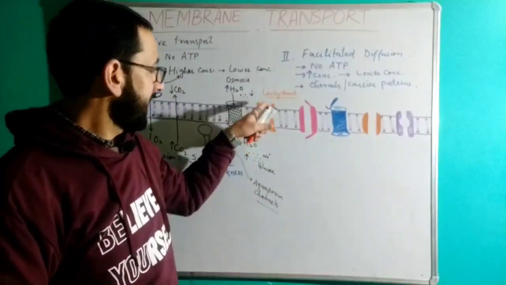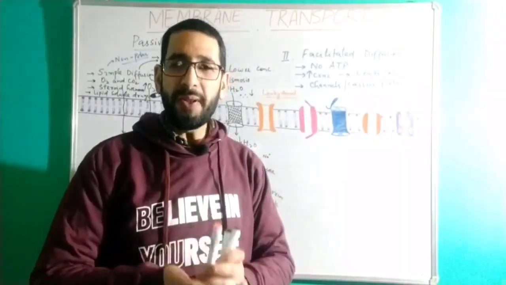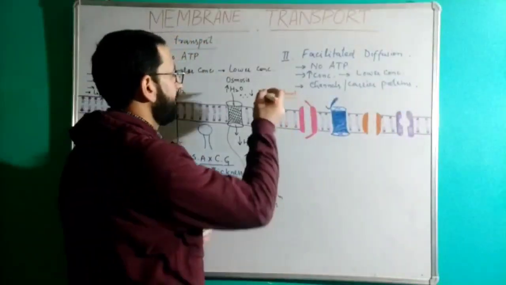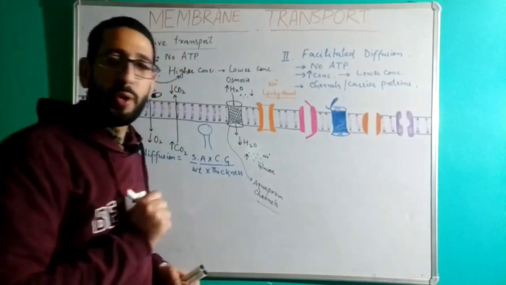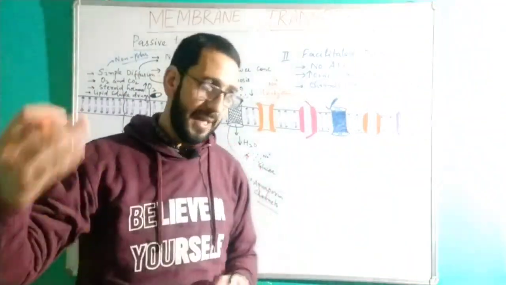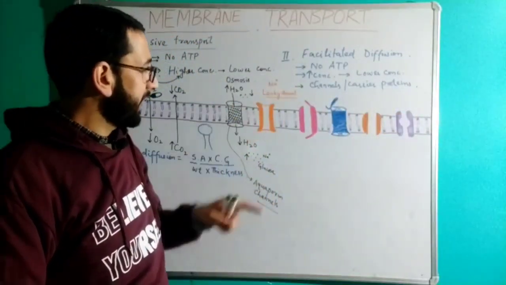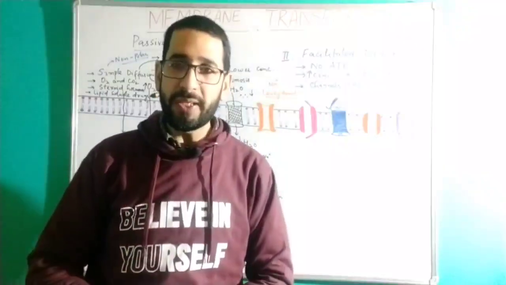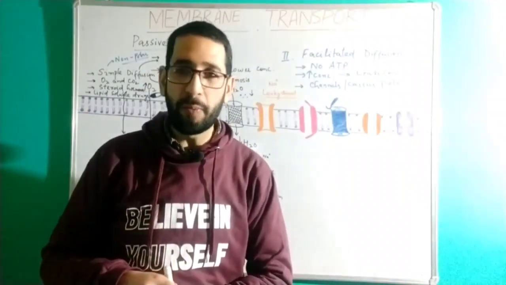For example, the sodium leaky channel. There are definitely potassium leaky channels as well. So the sodium leaky channel is leaky for sodium, so it is always going to allow sodium to pass through.